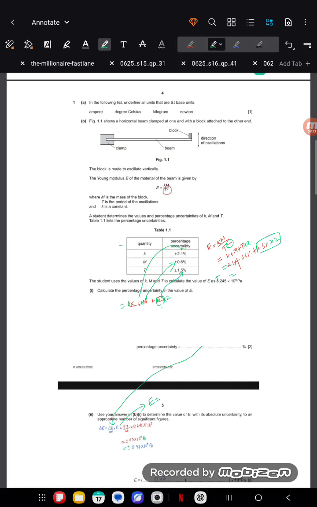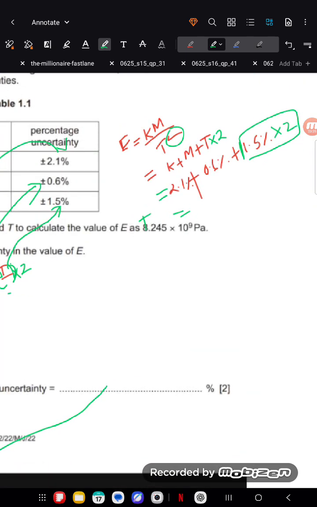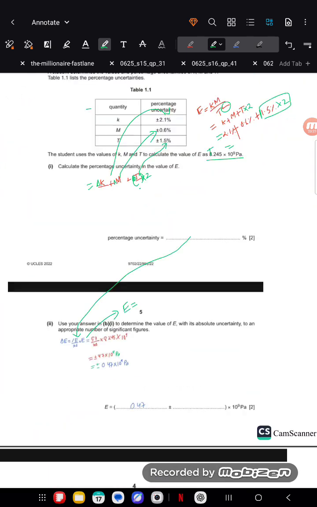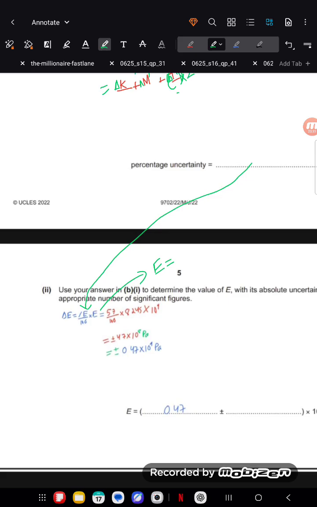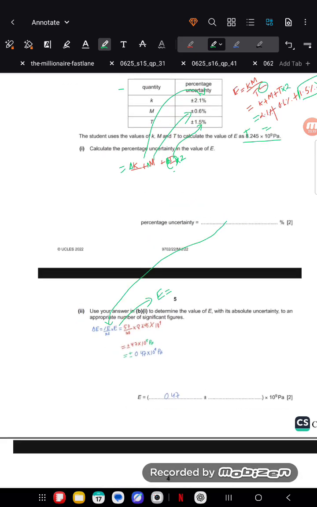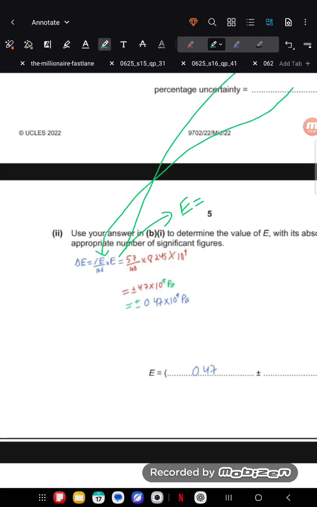The value of E is not given. You don't have to calculate the value of V, it's already there. So uncertainty you calculate here. Just simply find it.